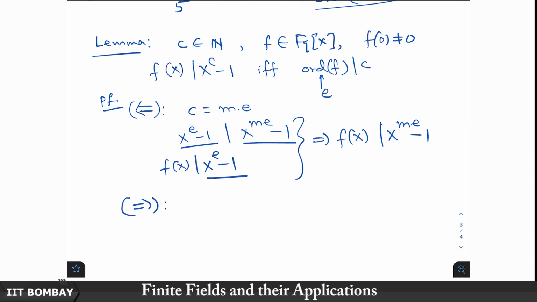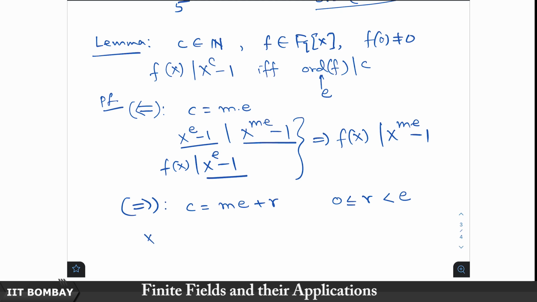Now, the other direction. Suppose f(x) divides x^c - 1, and then we want to prove that c is a multiple of e. So, let us divide c by e and we get a quotient m, so c is m times e plus a remainder r, where the remainder is between 0 and it is less than e.